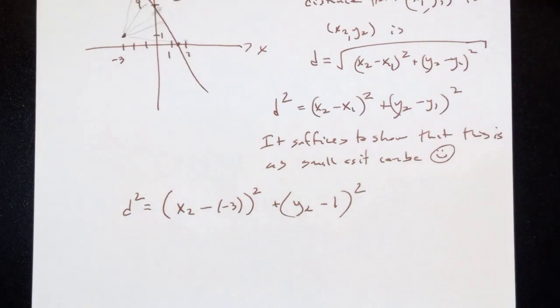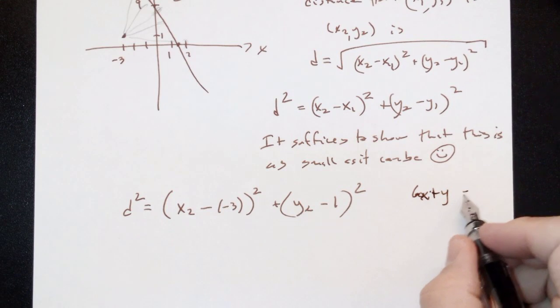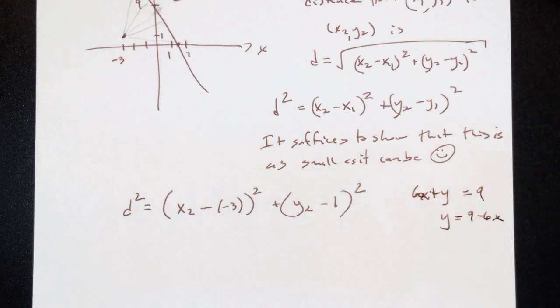Remember, we have the equation 6x plus y equals 9. So I write y equals 9 minus 6x, and then I can turn this into something that's just an x.